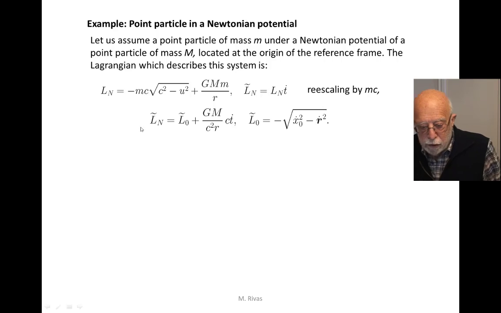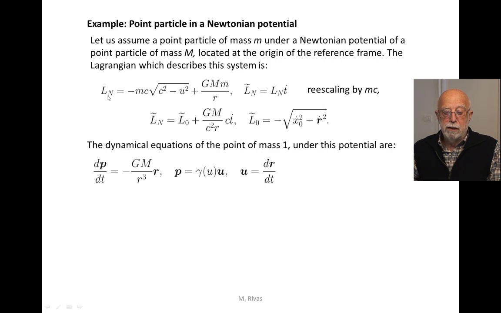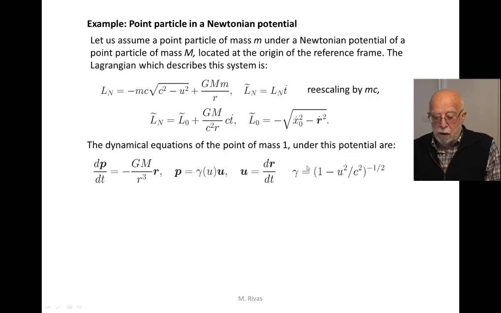Okay, we shall use this Lagrangian to obtain the metric structure of a space-time, but from the original Lagrangian we obtain the dynamical equations of the point, which are these. By solving these equations, we solve this gravitational problem of a point mass m in the gravitational field of a capital M mass.